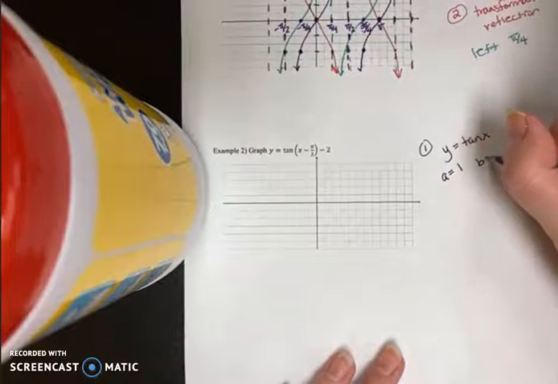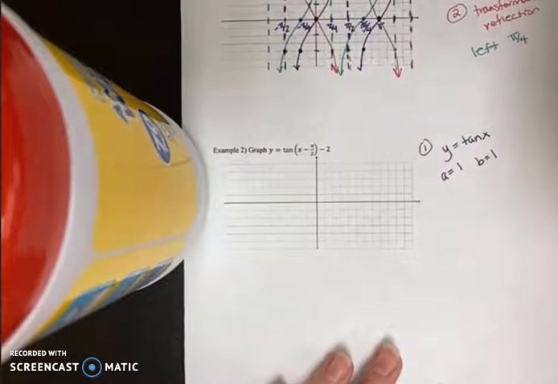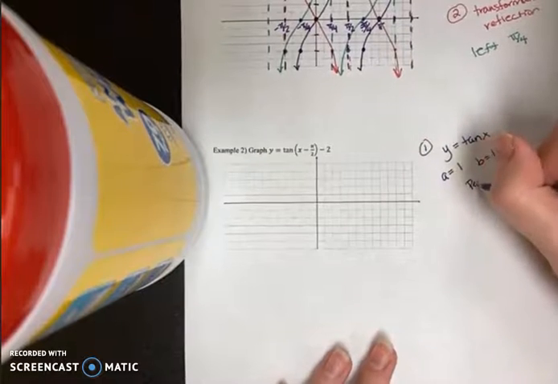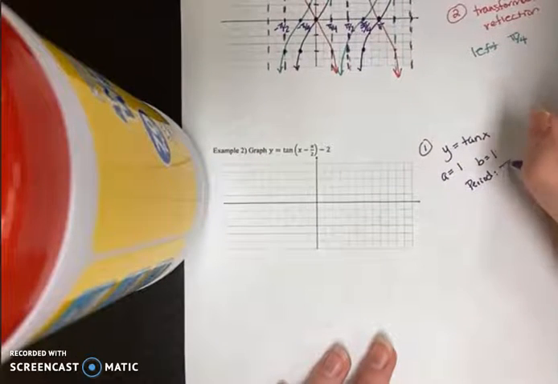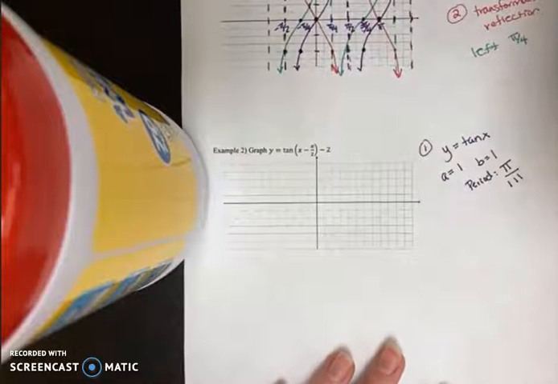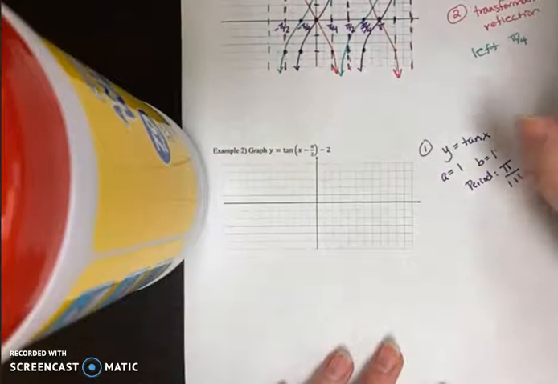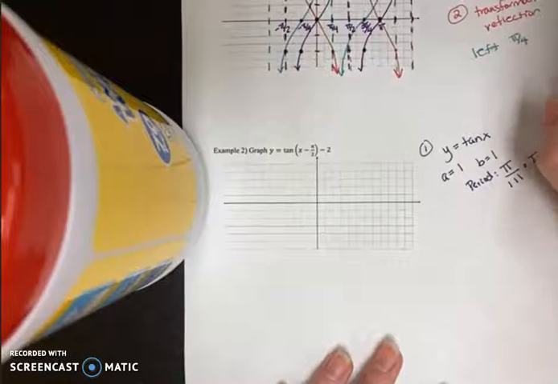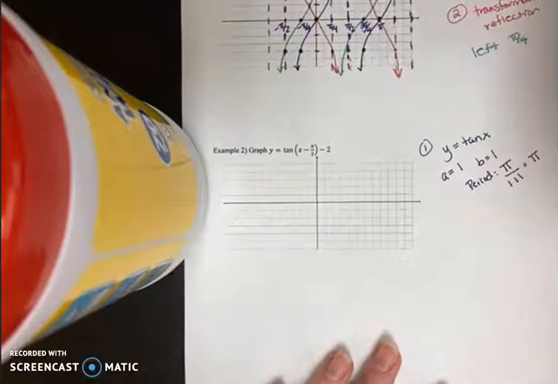And then B impacts the period, just like how it did with sine and cosine. But it is different because the period is pi over the absolute value of B. So here it's going to be pi over the absolute value of 1, which is 1, so it just is pi over 1 or pi.